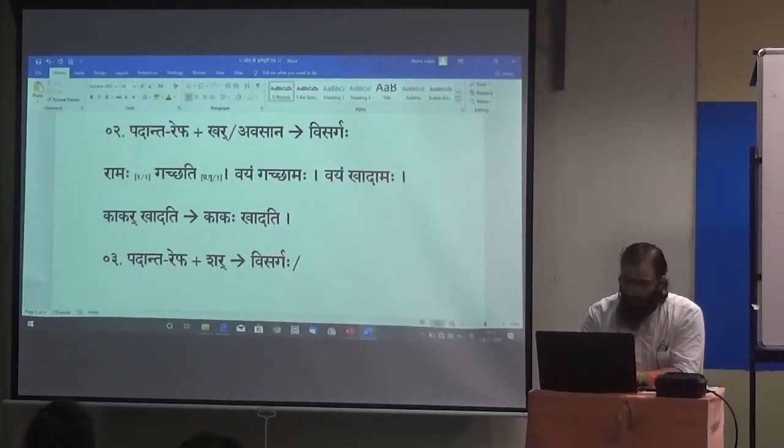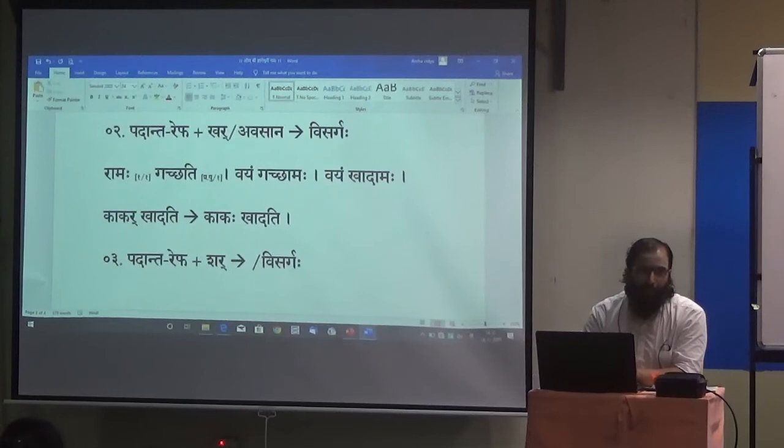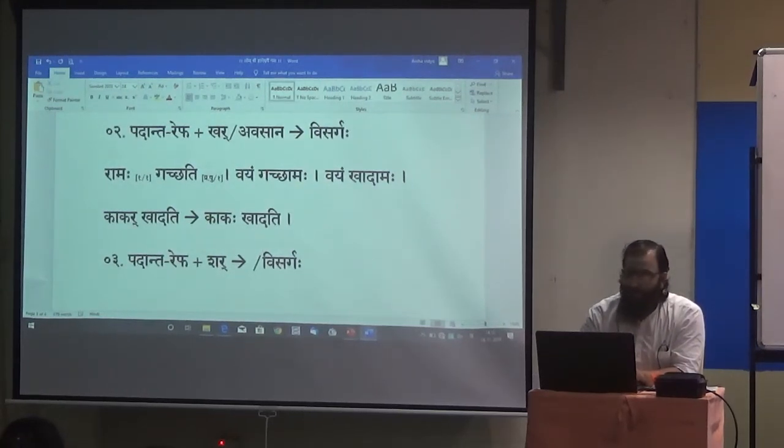Kara avasana yogo visarjaniyaha visarjaniyasya saha. The Visarga, which is born of the previous rule, will remain. Okay, I am just modifying the Panini Sutra, tailoring to our class, because the whole sequence, if we say, becomes difficult.